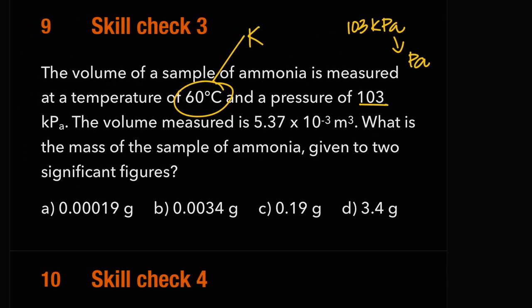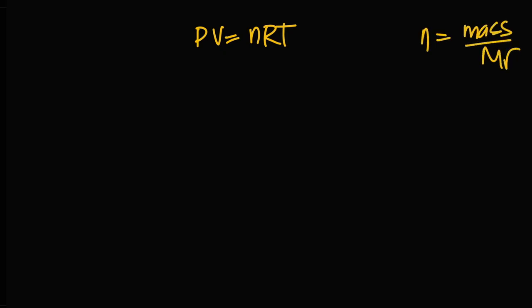You want the mass of sample? So what you do is you plug this into PV equals nRT, and knowing that n is mass over MR, you first find n from this relationship, plug it in here, and then find mass. So the pressure was 103 kilopascals, which is 103,000.